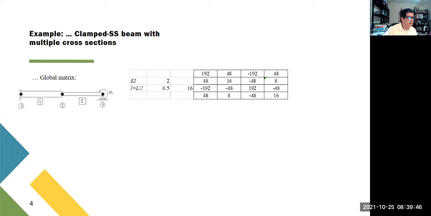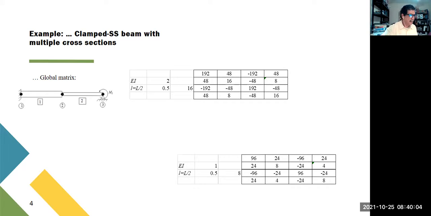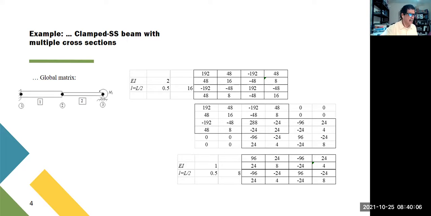Okay, after that, we go on and we have to consider, remember, that we have only the first subsystem. Okay, in the first subsystem, we do not know the displacements. Now, in this case, I'm showing you how to form the global stiffness matrix.